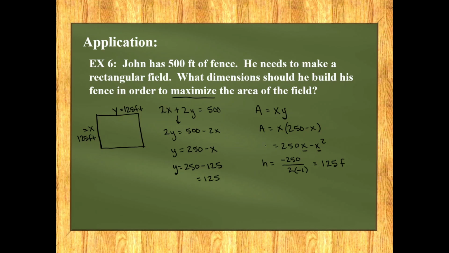So it's good to go through the process and not just make assumptions, because sometimes they may tell us that he already has a barn here and he doesn't have to use that fence. Or there's a river here that he wants to put on it so the cows have water or something. So we don't want to just assume it's going to be a square. We need to go through the math and prove to ourselves that that's what it is.